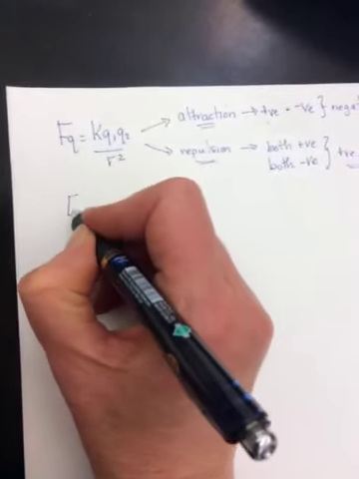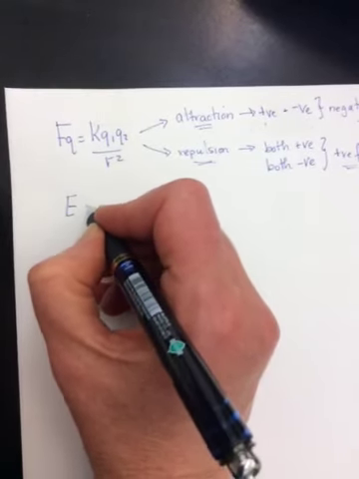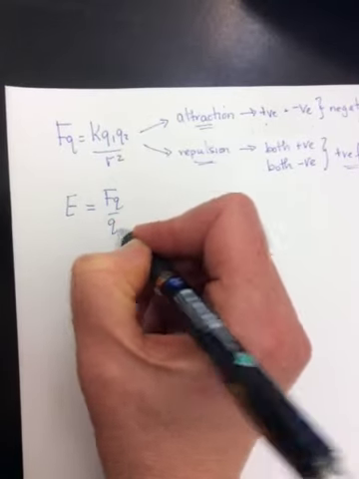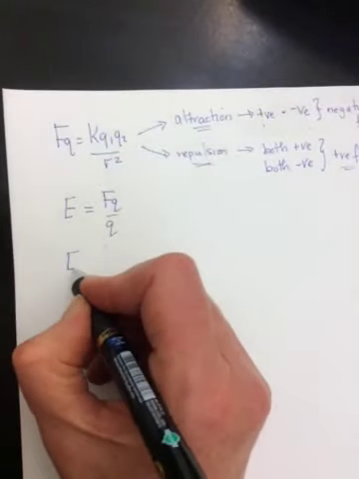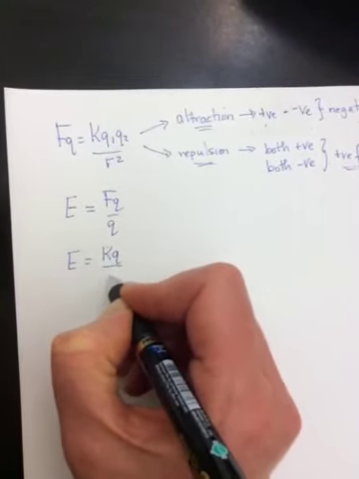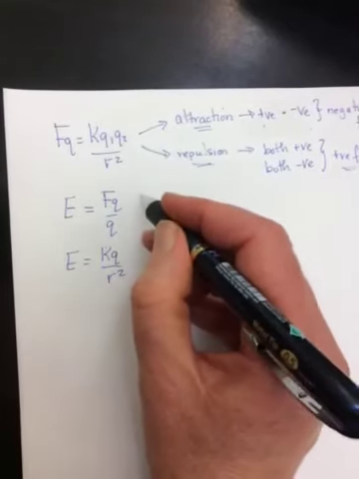Then we went from that and we got the electric field strength. And there were two equations for it. One was taking that force and dividing by the charge being brought into the field. And when you do that, you get the second one, which is kQ over r squared, where Q is the charge creating the field.